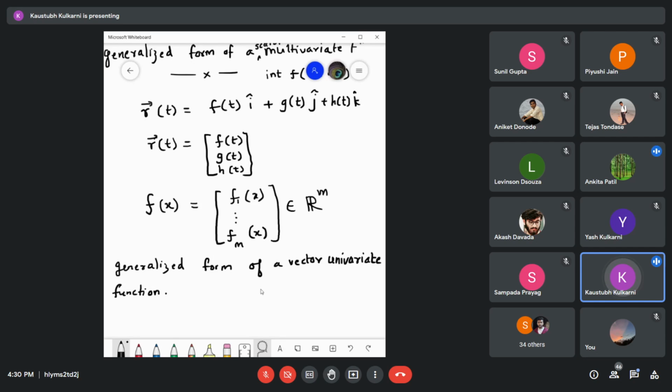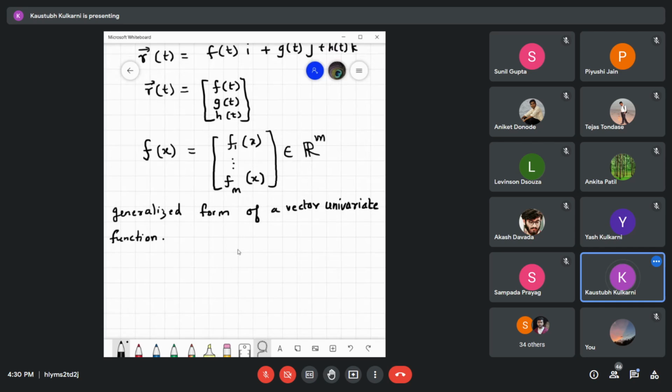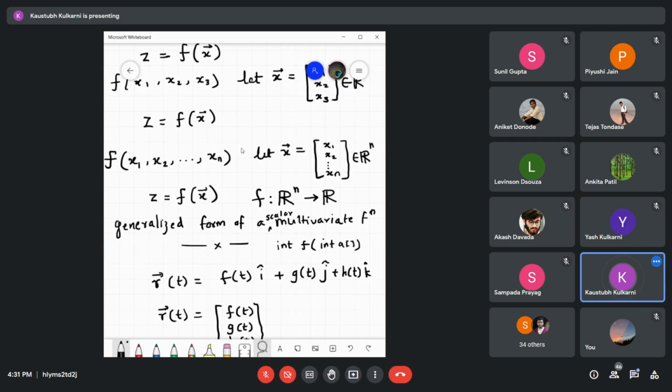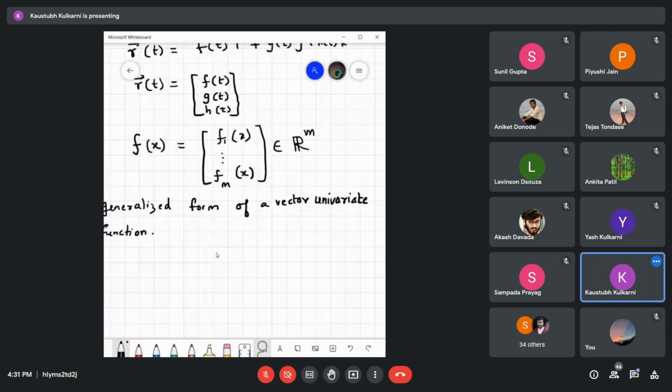Now, if we want to move on from here to a vector multivariate function, the only thing we have to do is consider x to be a vector, just like we did in this case.